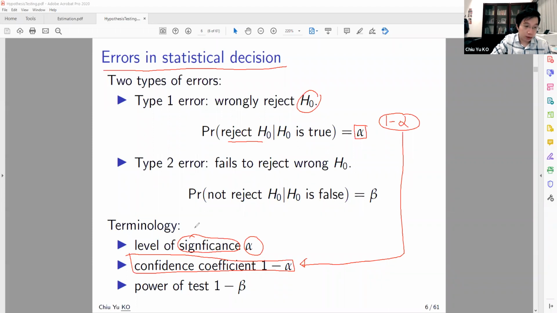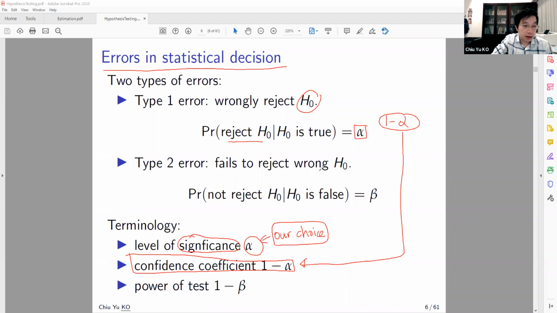It is how much we allow this to happen. So this is our choice. We just decide how much randomness we tolerate, because even if the null is true, we will sometimes be rejecting.